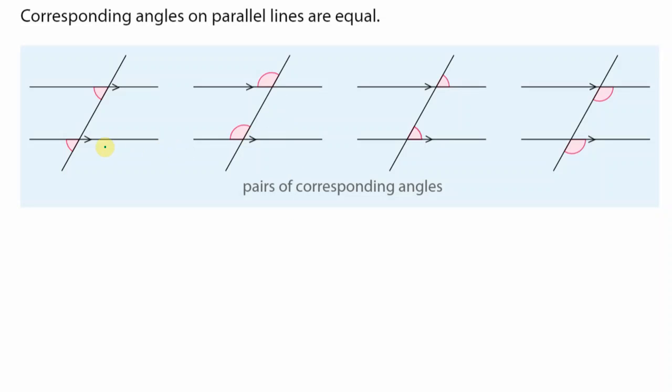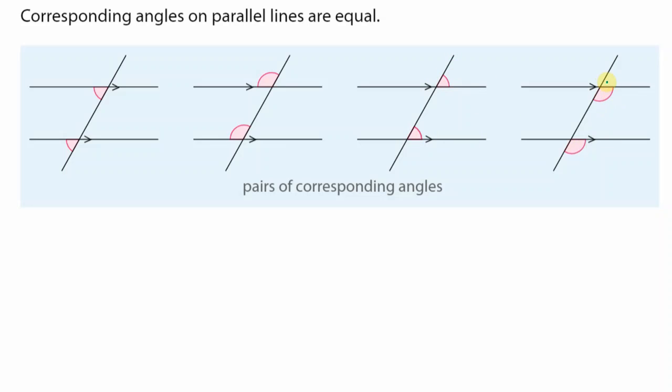Okay, so we have here our F shapes, so it's the corresponding angles, the matching angles here, both to the left of the transversal, both below, in this case, again, parallel lines. Here, both above the parallel lines, both to the left of the transversal. Here, both to the right of the transversal, both on top of the parallel lines.